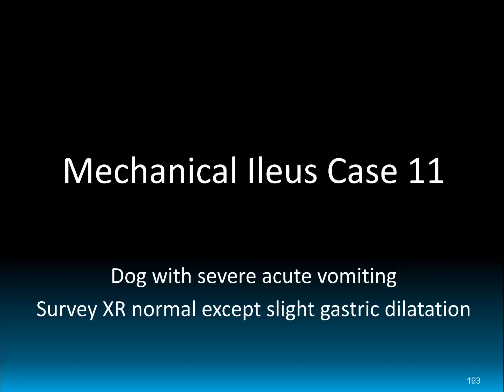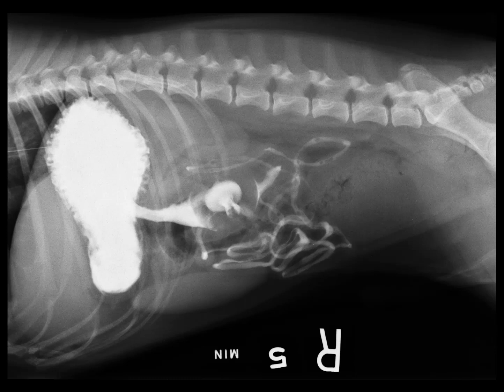So here we have a patient who's vomiting. Survey radiographs were normal, other than some distension of the stomach, which wasn't too surprising. So here we have an okay upper GI series. We at least got some distension of the stomach. It's maybe not the most distended I've ever seen. I can see the duodenum coming down.